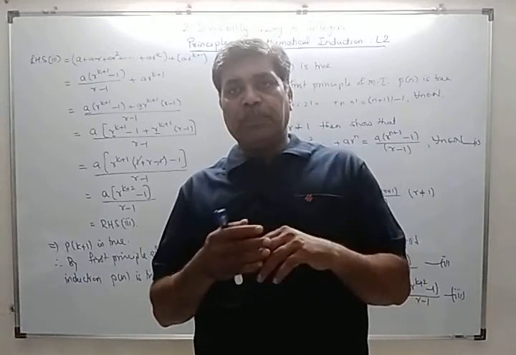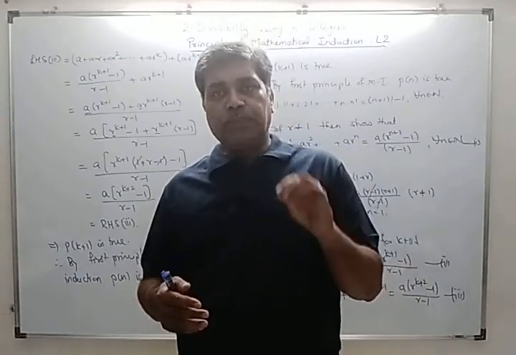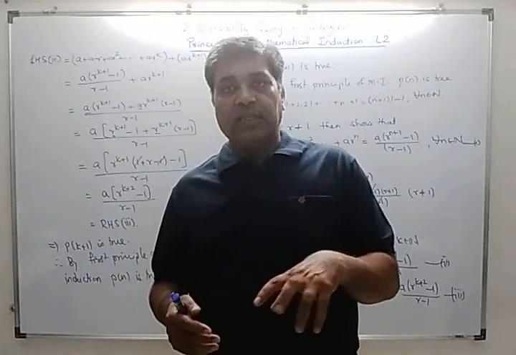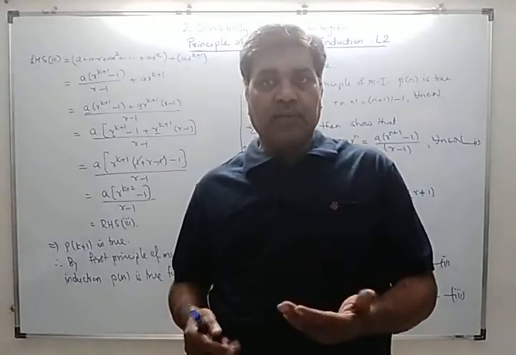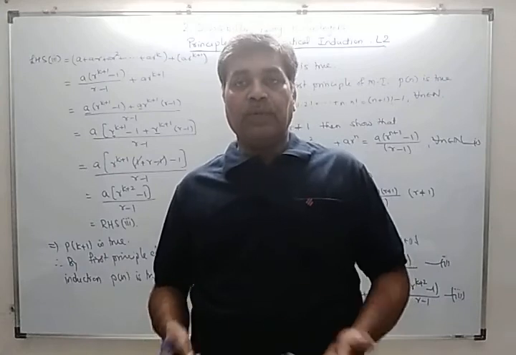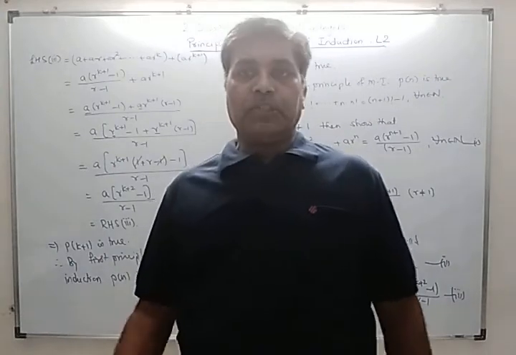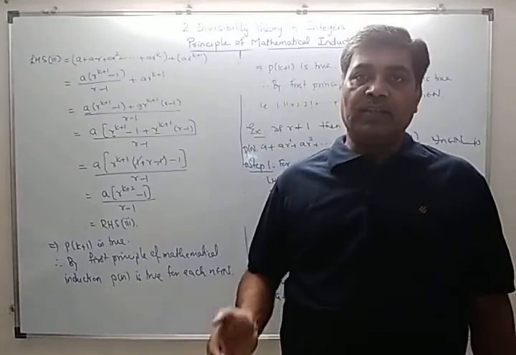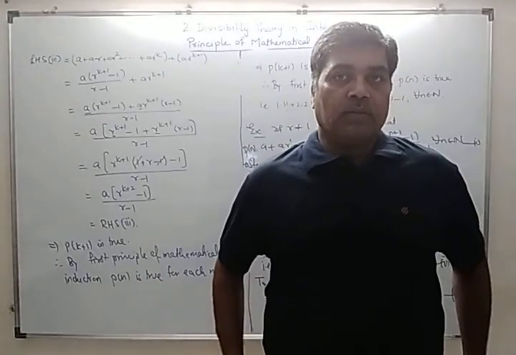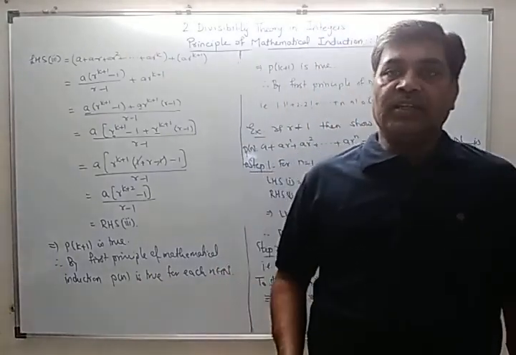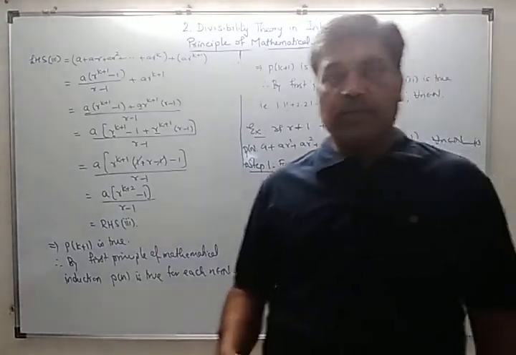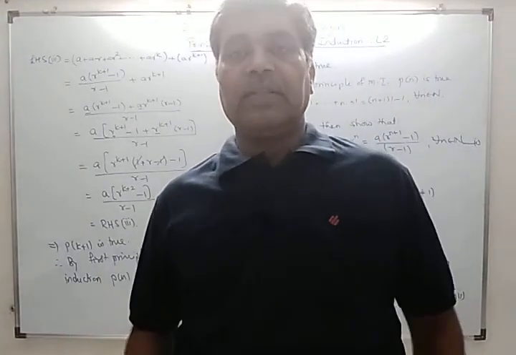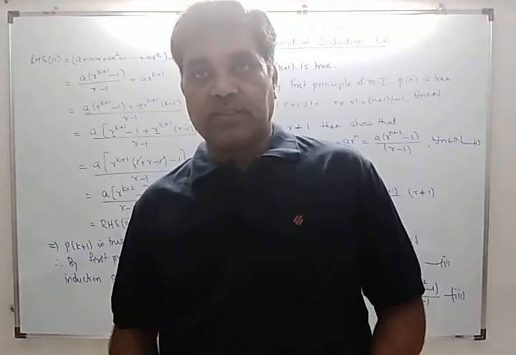So instead of P1 you have to first prove that P of n naught is true, then we'll assume Pk is true for k greater or equal n naught, fixed k, and we'll prove it for k plus 1, and then by principle of mathematical induction we'll say that it is true for any n greater or equal n naught. We'll study examples on this advanced first principle of mathematical induction in next lectures.